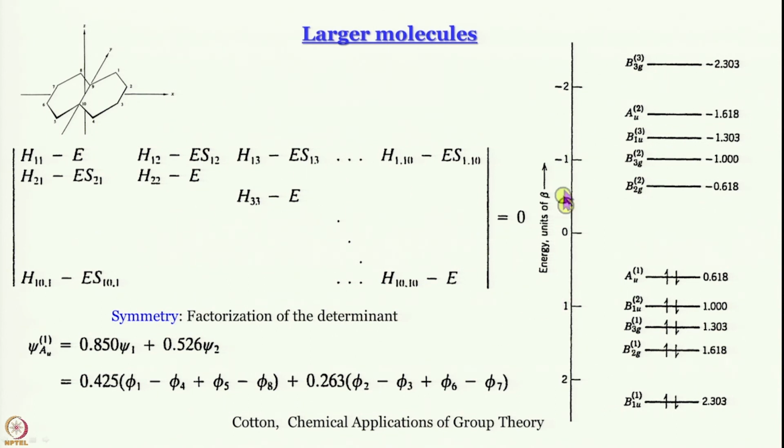In fact, whatever I have written here, the diagram, everything is copied from Cotton's book. So, we need to learn symmetry before we can talk about larger molecules, but we do not have time to do this. I will give you some pointers in the concluding lecture which is to follow, but for now this is the end of our discussion of the Huckel treatment of conjugated molecular systems.